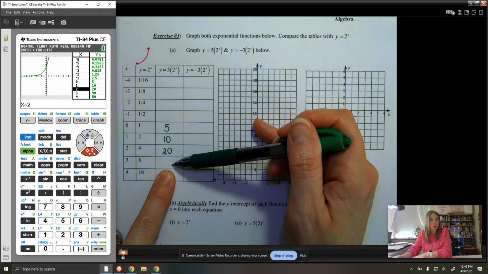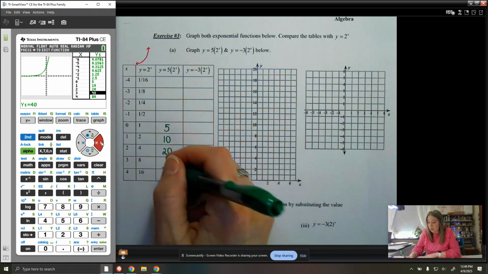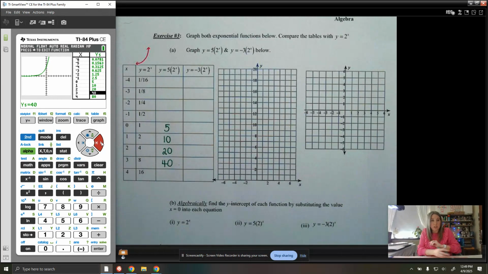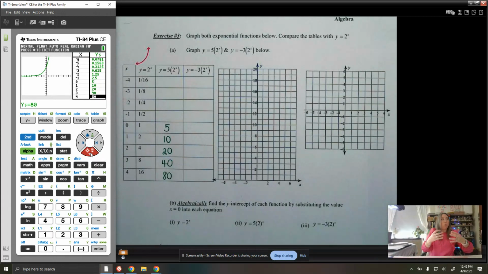This answer should be 40. And look, it's 40. See that? And then this next one should be double what 40 is. And look, it is 80. So when our starting point has changed, now the effect of the doubling changes because of what I started on and then began to double.